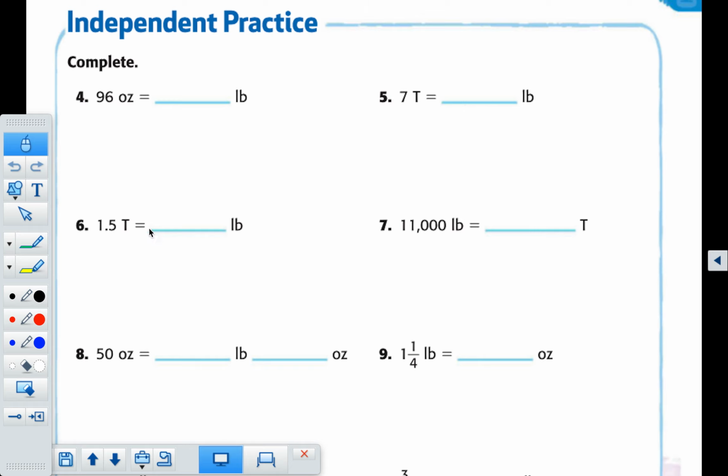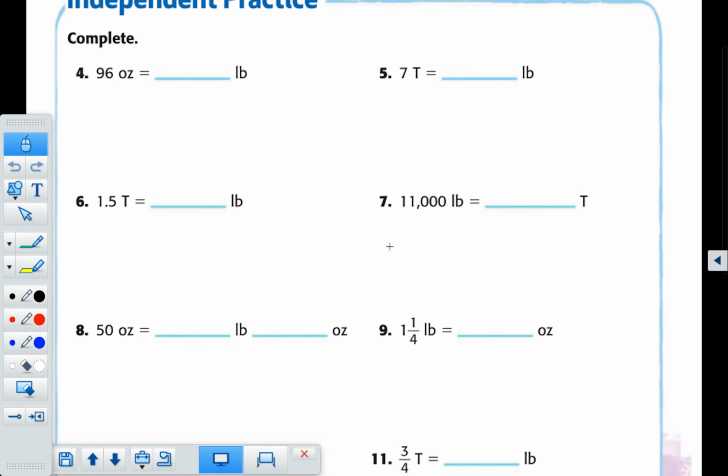For the next one, we have a decimal. So I have 1 and 5/10 tons. Remember, just as I did number 5, I'm going to multiply. When I convert tons to pounds, I multiply by 2,000. 1 and 5/10 tons times 2,000 is going to give me how many pounds?